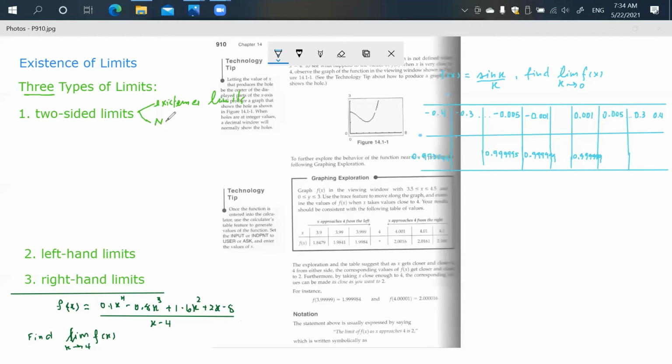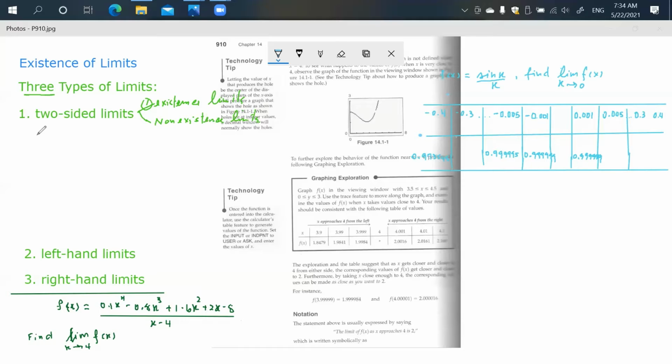Another one is non-existent limits. Okay, so we're gonna learn this first one, existence: how to find the value of the limit.